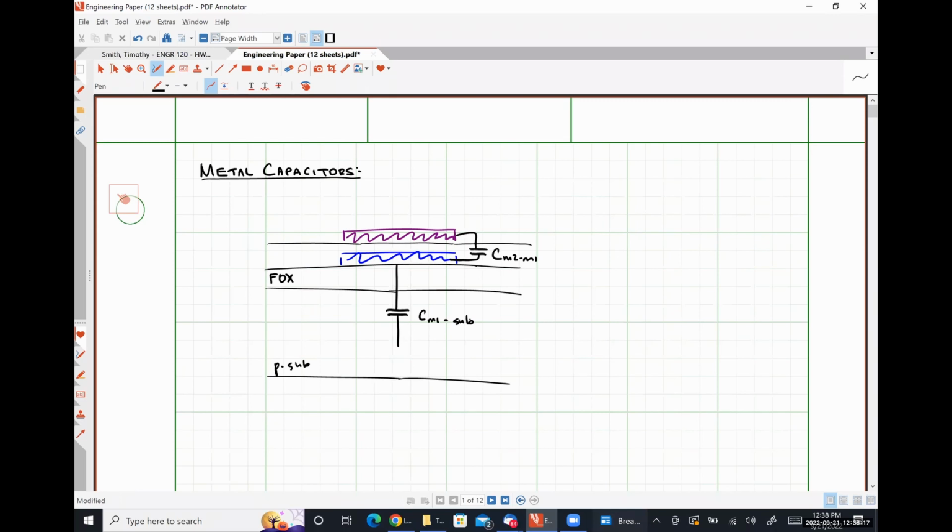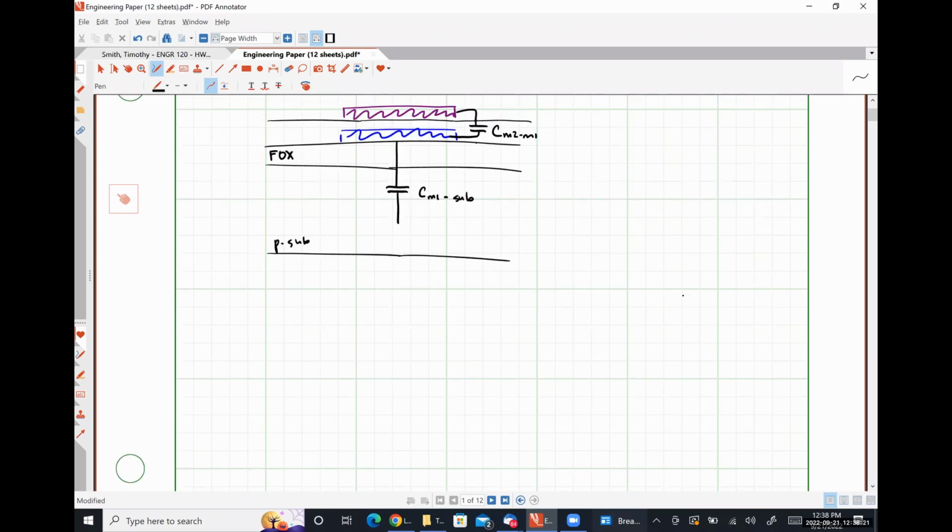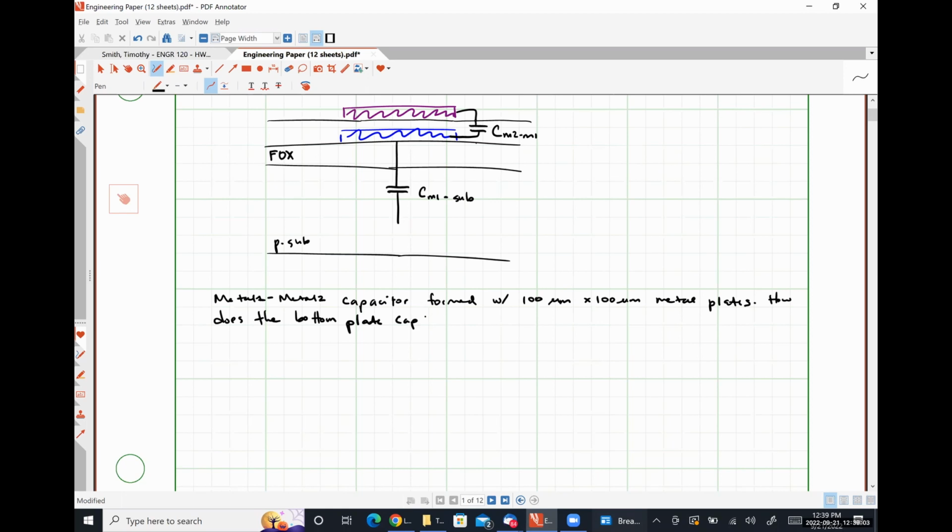So if we wanted a metal 1 to metal 2 capacitor formed with 100 micron by 100 micron metal plates, how does the bottom plate capacitance compare to the design capacitor value?